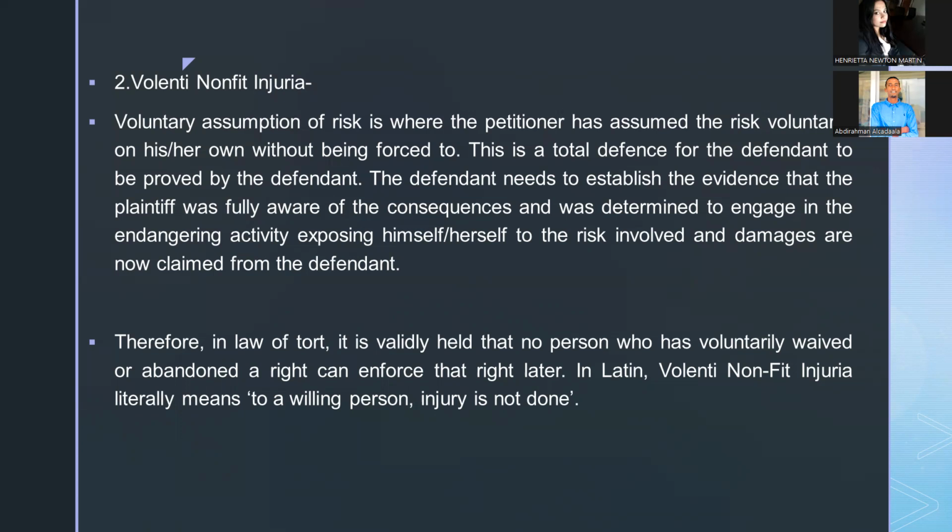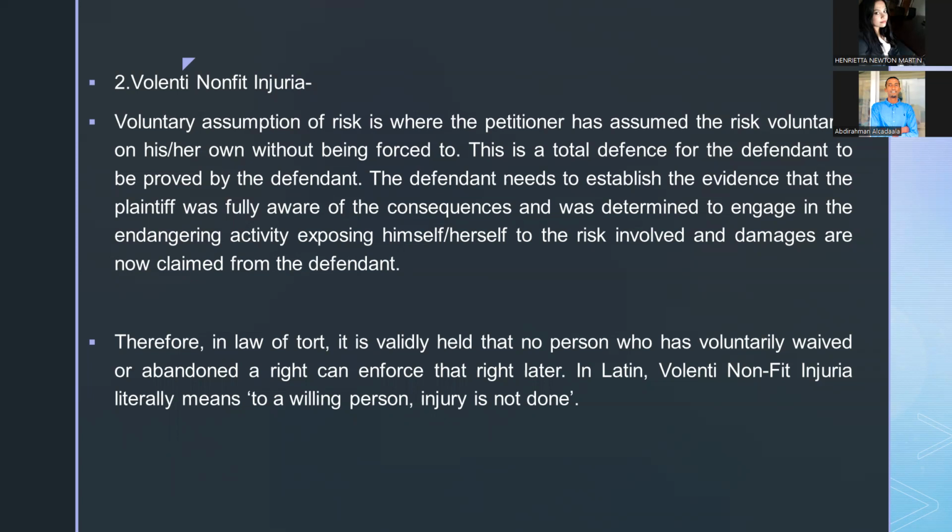So in our example, the car company or whoever the racer is representing has the defense of voluntary non fit injuria, that the person has full knowledge that there is a probability and a possibility of getting hurt or injured in case there is an accident, owing to the speed that they drive while racing.